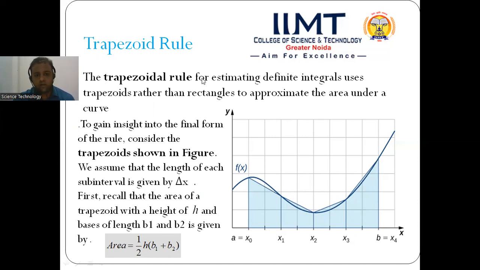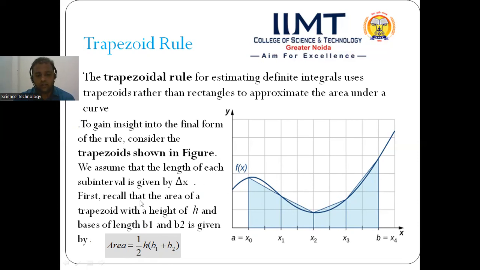So the trapezoidal rule for estimating definite integrals uses trapezoids. As the name suggests, the trapezoidal rule uses trapezoids rather than rectangles to approximate the area under a curve. To gain insight into the final form of the rule, consider the trapezoids shown in the figure.